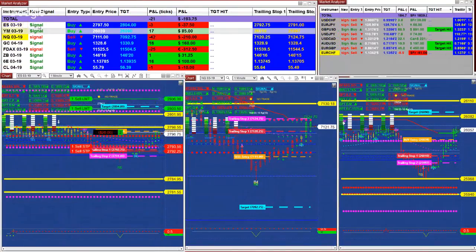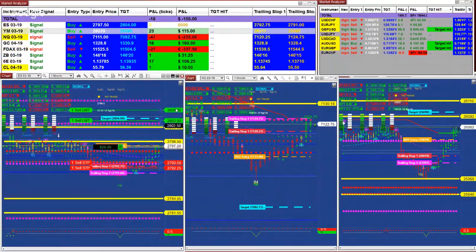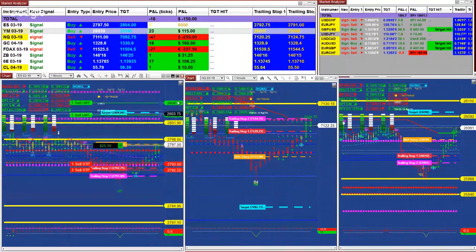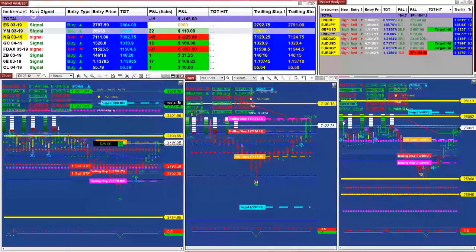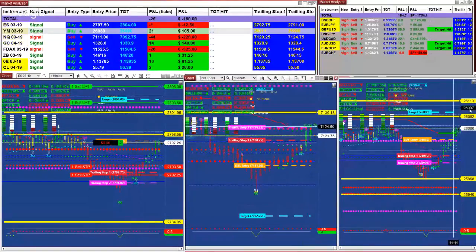I don't know what to say. We got a new buy signal again at 97.50. What a mess. And the 97.50, I really don't like it because it's right at this area here. What a messy day in the market.